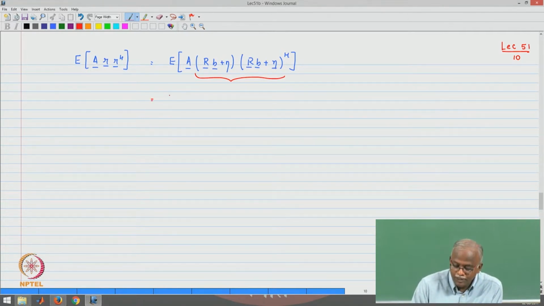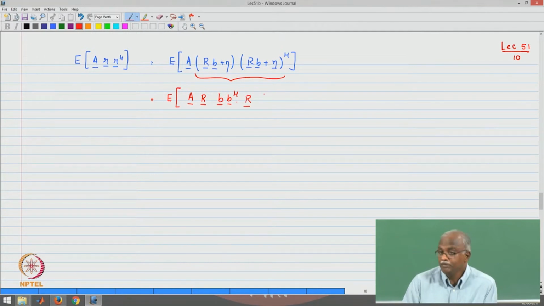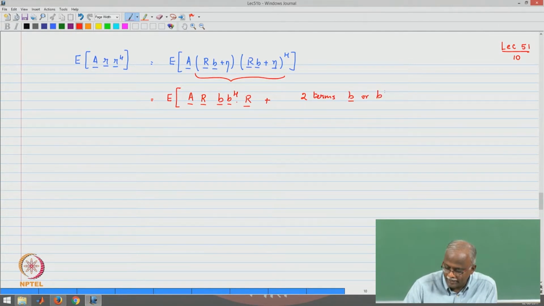The first term would be the expected value of a times r times b Hermitian times r. You should get r Hermitian, but that would be same as r. That would be the first term. The second term will be, there will be 2 terms which contain expressions for b or b hat.